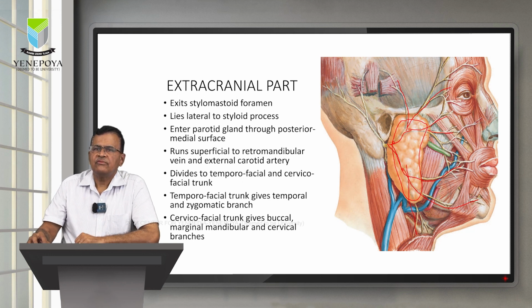Whenever we want to drain a parotid abscess, we have to put the incision parallel to the branches of the facial nerve to avoid injury to the facial nerve. Similarly, whenever we do parotidectomy for any parotid tumor, we have to take care not to damage the facial nerve branches to avoid facial palsy.